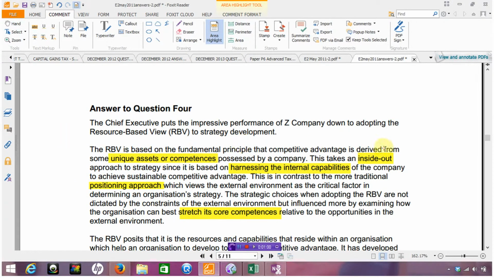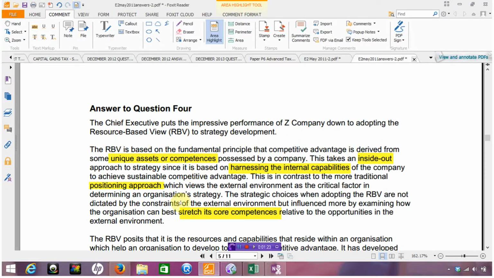Essentially it is very much an inside-out view, something you've got to remember. We're looking at what the company has in terms of assets or indeed competences internally, and it's looking to really make the most out of its internal capabilities and build strategy based on what it's good at.